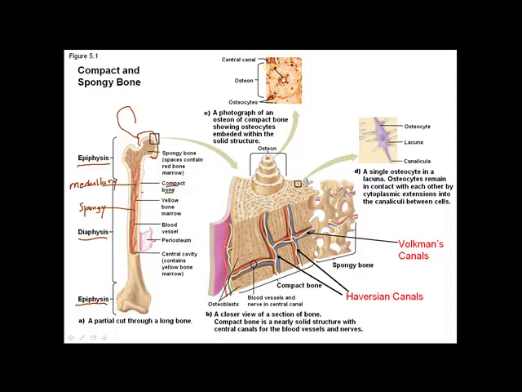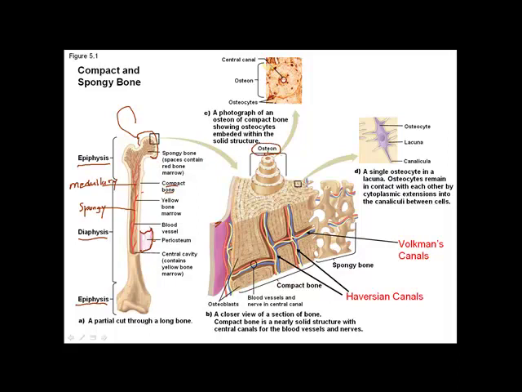So here's that thin sheet of connective tissue that surrounds the bone. Okay. So if we take a little chunk of this bone out and we put it over here, again, here's this periosteum, right? And we have this structure here called an osteon.